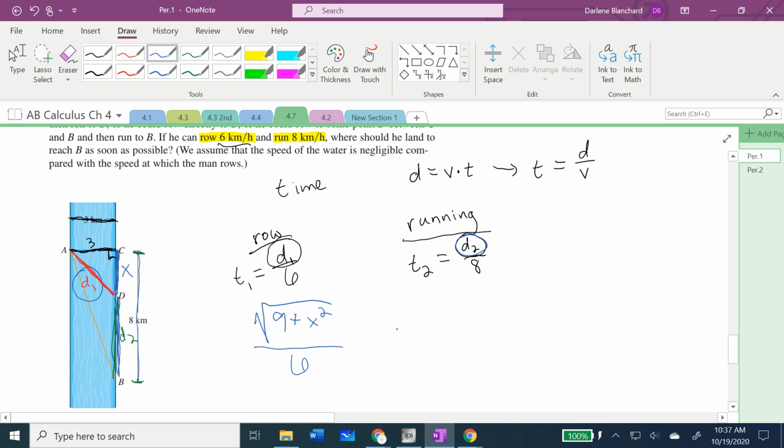So this d2 is 8 minus x. And to get the time for running, we divide it by 8. And we need to add the 2 times together, and that is what we're trying to optimize. So I'm going to say t equals, and we have a formula in terms of one variable.